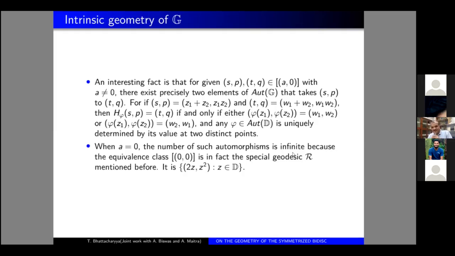This is precisely the Royal variety, and then for any 2 points in the Royal variety, there are infinitely many automorphisms interchanging them. So the Royal variety is the fiber at the point (0, 0). So corresponding to A equal to 0, that's the Royal variety. And when A is between 0 and 1, the orbits are 3-dimensional hypersurfaces. So we figured out this much.